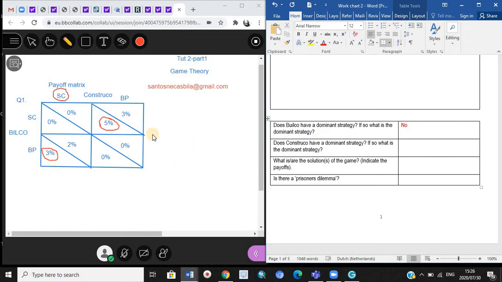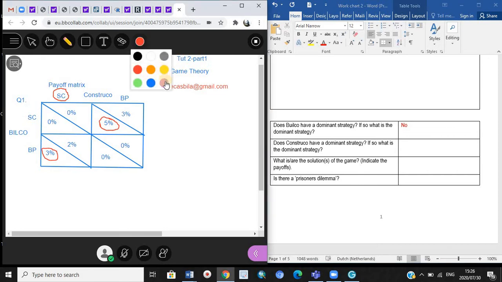Let's see if there's a dominant strategy for Construco. I'm just going to change the color. I'll use this one. If Bilco chooses shopping center, what is going to happen to Construco? He is going to choose business park. However, if Bilco chooses business park, he also is going to choose business park.